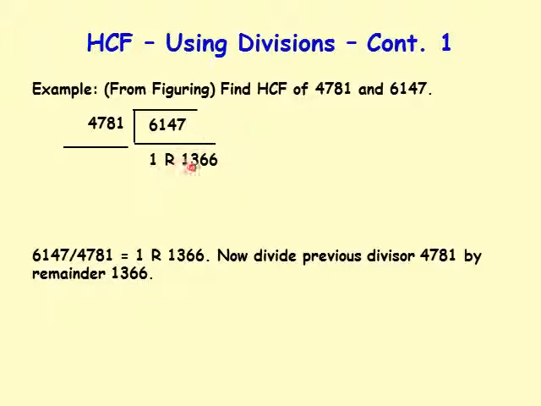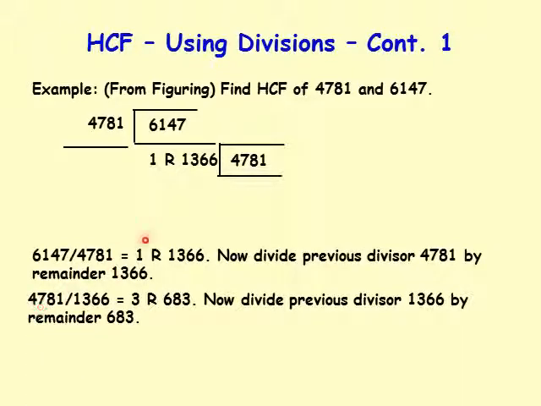For the next step, this remainder 1366 is the divisor, and the number which was the divisor before is now the dividend. So the remainder becomes the divisor for the next step, and the divisor becomes the dividend for the next step. Let's continue from here.